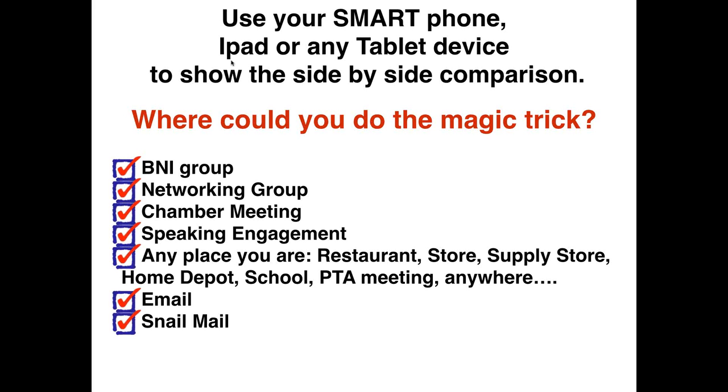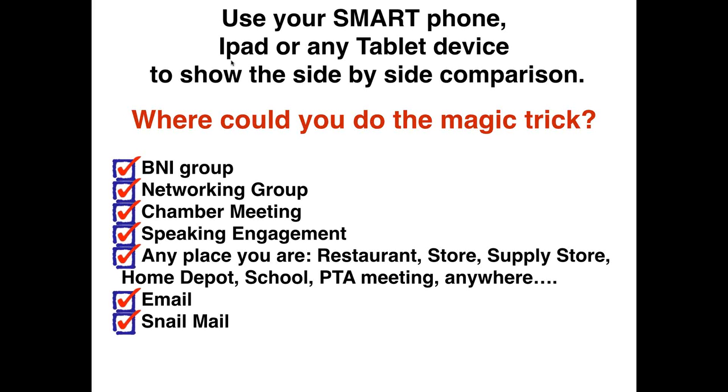For example, if you go to a BNI group, which is Business Networking International, you could do the magic trick during your little elevator speech time. If you belong to any networking group, chamber meetings, a speaking engagement, I have actually done these at a speaking engagement where I use my smartphone as a prop.